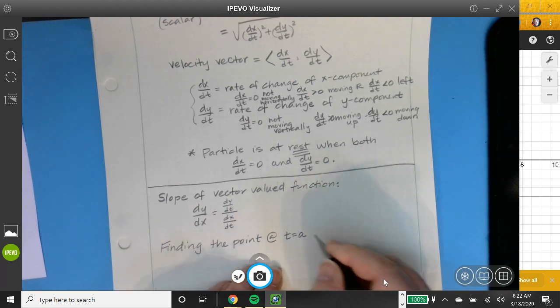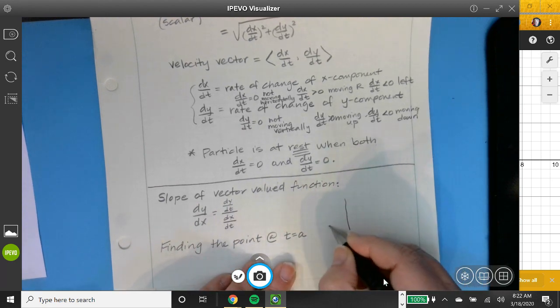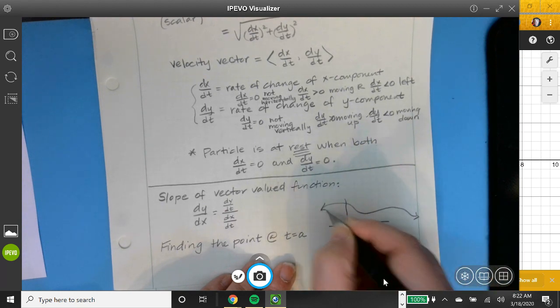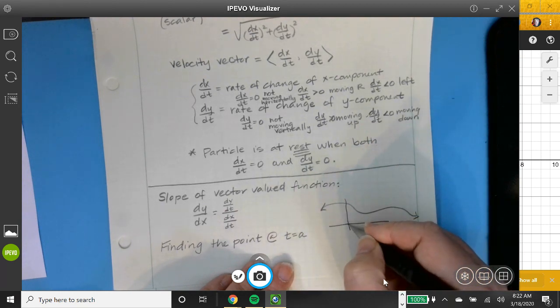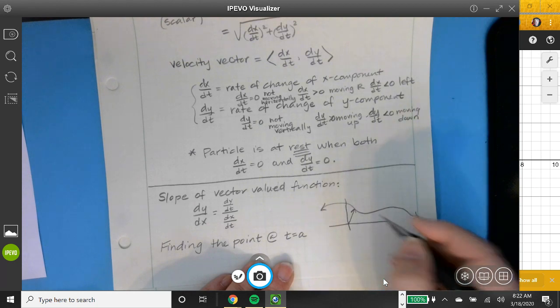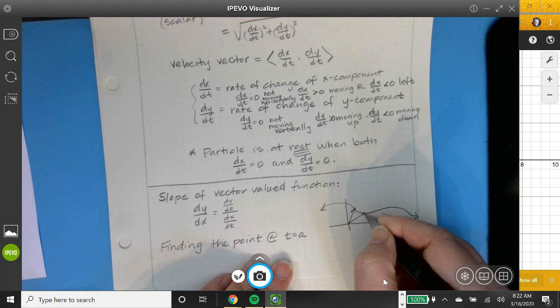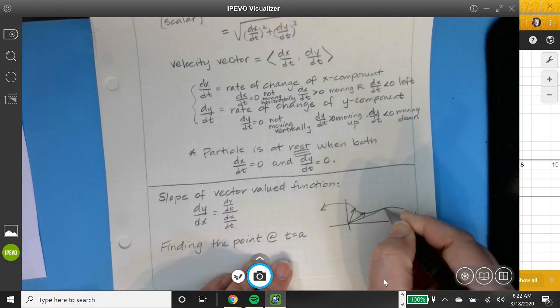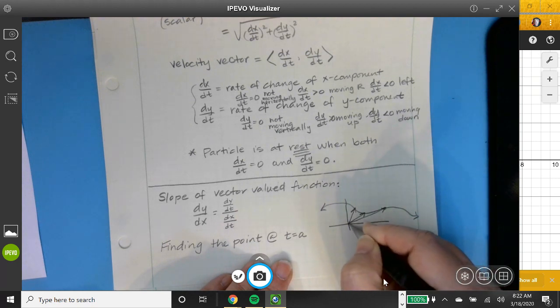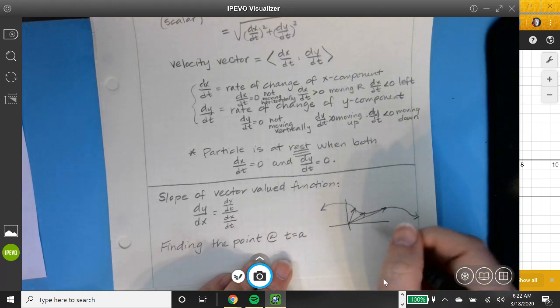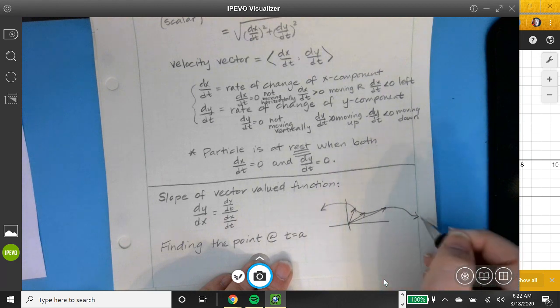Remember, here is my cool vector valued function. The r is going to be pointing at where we are at time t. It's going to be in standard position at the origin, pointing to the path.